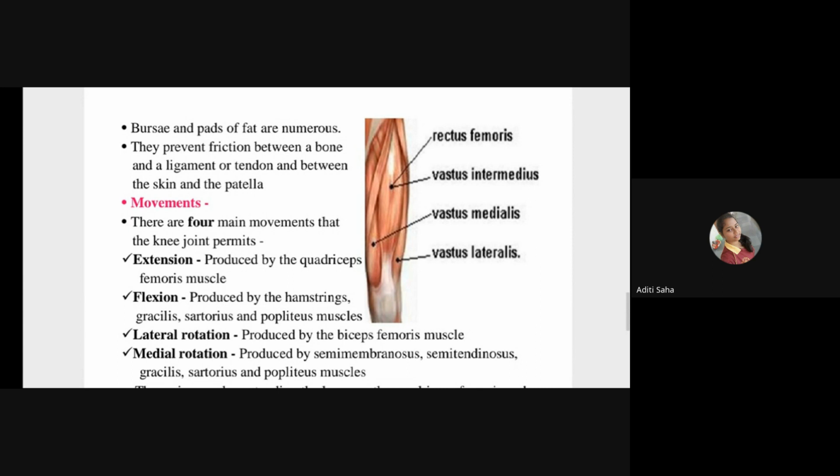We have taken an example of lateral rotation like Supta Vajrasana.